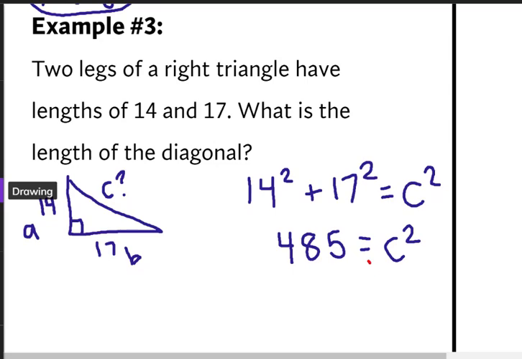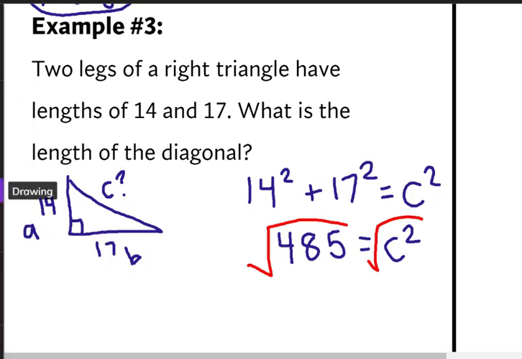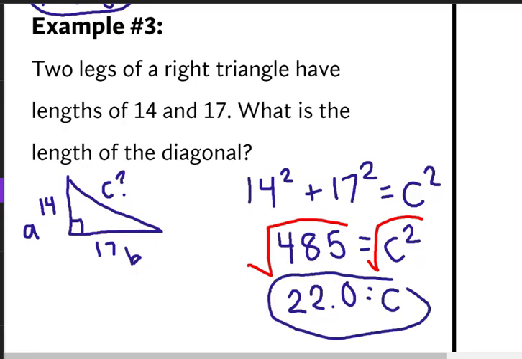I take the square root, and the square root of 485 is about 22.01 or .02, I think. So we can just say 22, or you could put 22.0 if you really wanted to. Either is acceptable. And I would always check, does 22 make sense here? And the answer is yes, it would be the longest side.